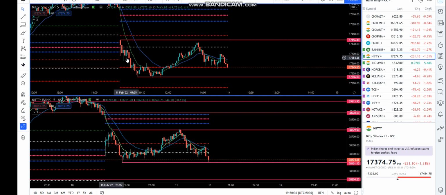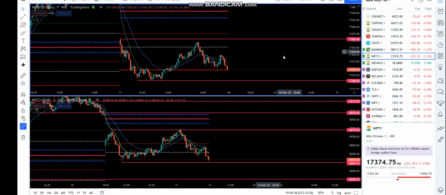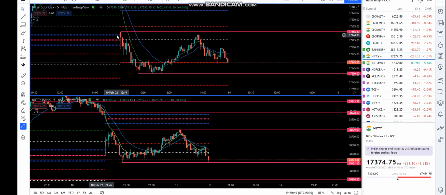But here, the trading opportunities are, you can mark down the day's high and day's low in the initial first hour. You can see this is the 9:15 candle, and this is 10:15, the first 1 hour.